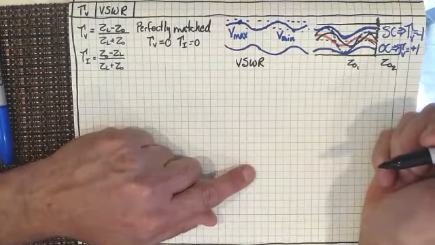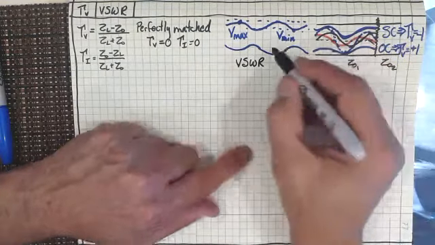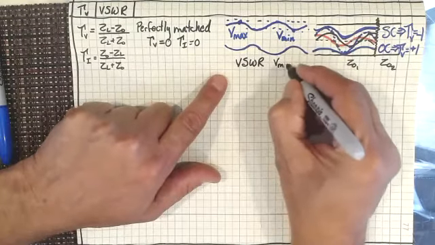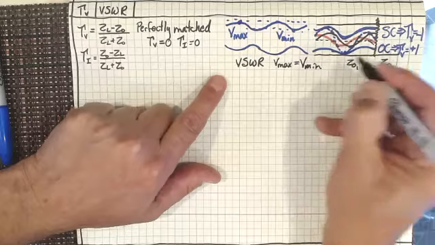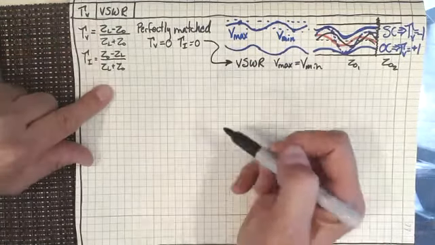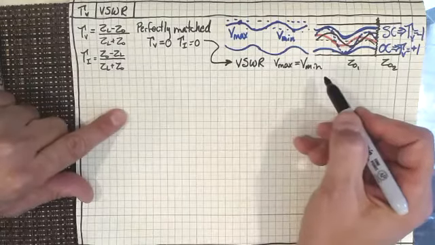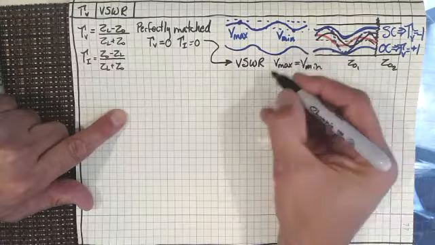The voltage standing wave ratio for a perfectly matched case would have no V max and V min. V max would equal V min.